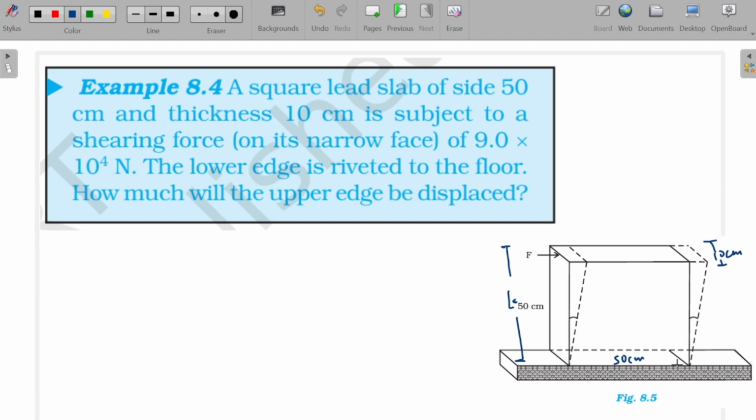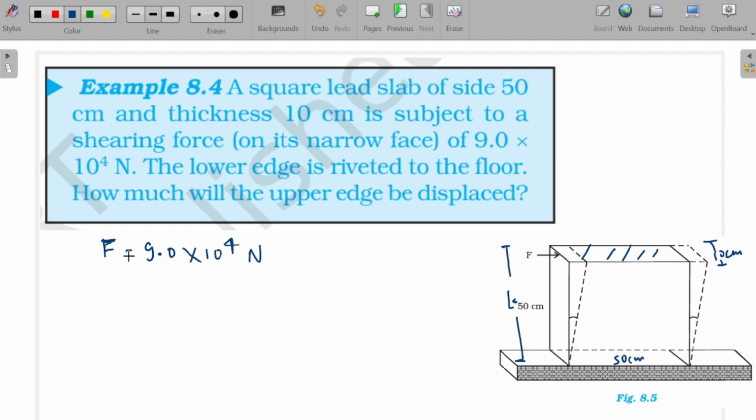So these two sides are 50 centimeter, and this is its thickness, which is 10 centimeter. Now a shearing force on the narrow face, meaning on this face a tangential force is being applied, and the force is 9.0 into 10 to the power 4 Newton.